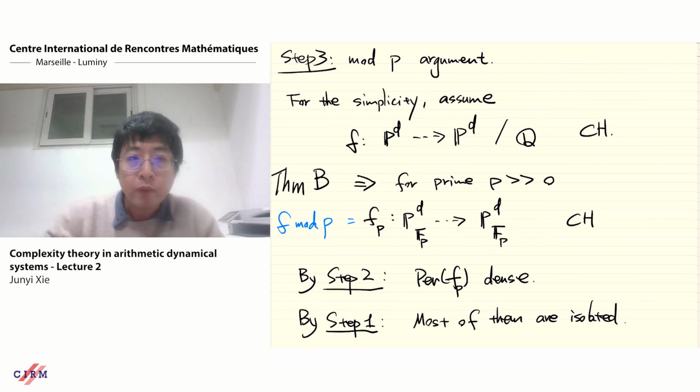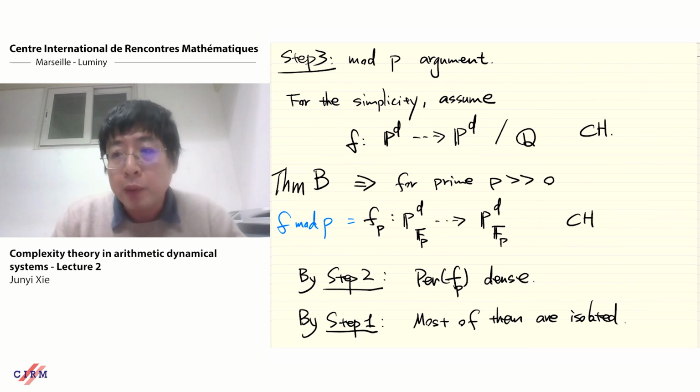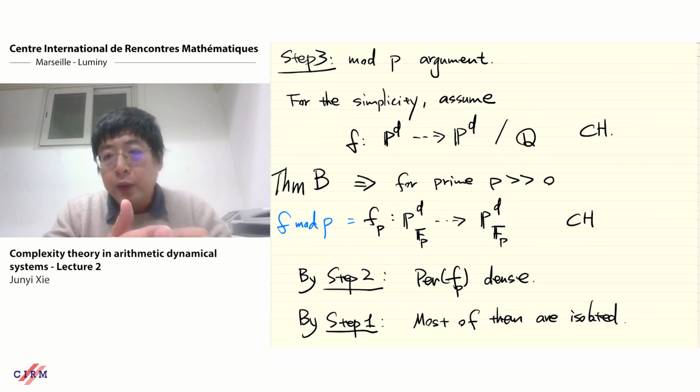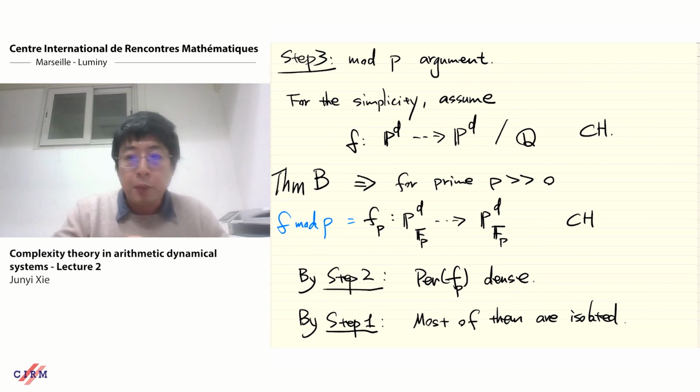Okay, so step 3 is some more p-adic argument. So the idea is you first construct some periodic points in the special fiber, and you try to show that most of the periodic points in the special fiber can be lifted to a periodic point in the generic fiber.